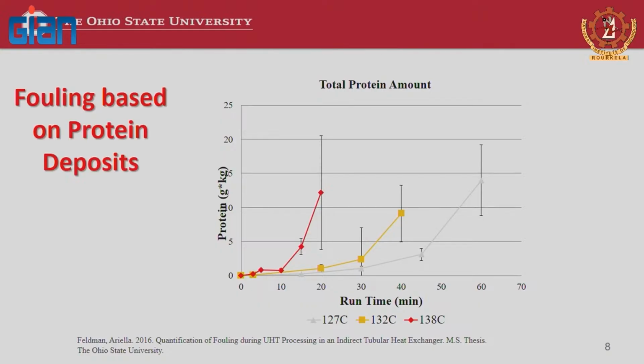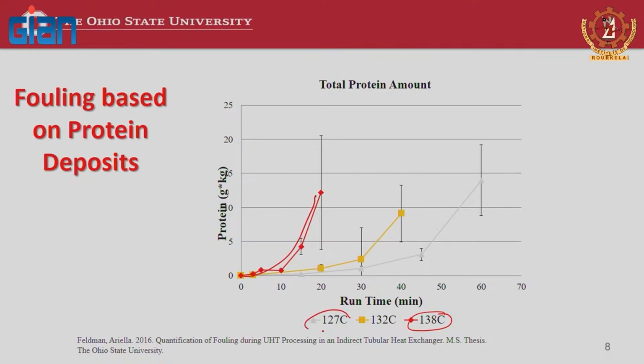This graph shows how fouling progresses and is influenced by two things. One, how much time you are processing your samples. The second, at what temperature you are processing. As you can see here, if you are processing at 138 Celsius, the protein deposits aggregate much more and deposit as a thin layer much more quickly, in even 20 minutes.